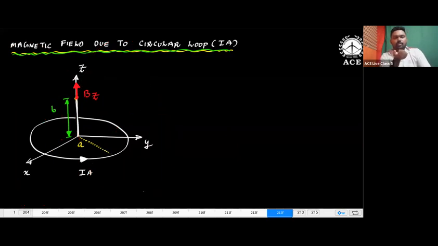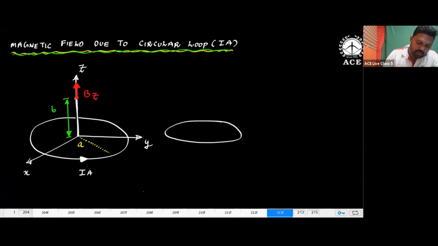If I put my thumb in the direction of current flow, my fingers will show the direction of magnetic field. Clear? Yes. If the current flow is like this, then the magnetic field would be downwards. If I redraw this figure for our visualization, it is something like this. This is a scenario.